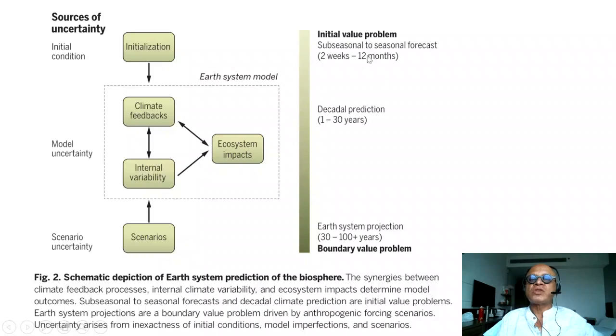Whereas when you go to short time scales, like sub-seasonal, less than 3 months, which is a season, to seasonal forecasts, like El Nino, for example, or MJOs and monsoon intra-seasonal oscillations, winter predictions, they are initial value problems.